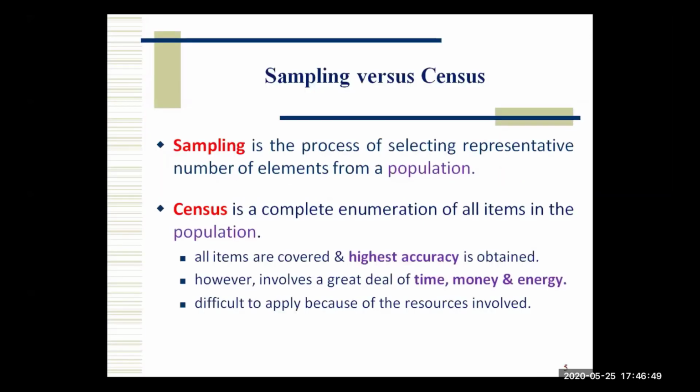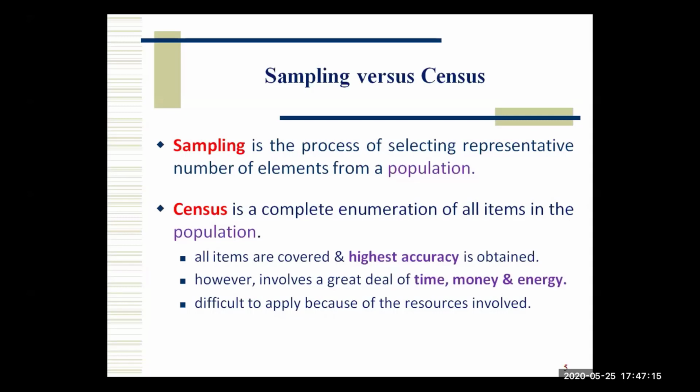Sampling is a process of selecting a certain representative number of elements from a population, whereas census is a complete enumeration of all items in the population. The distinction is that in a census, all items are included, and the highest accuracy will be obtained.